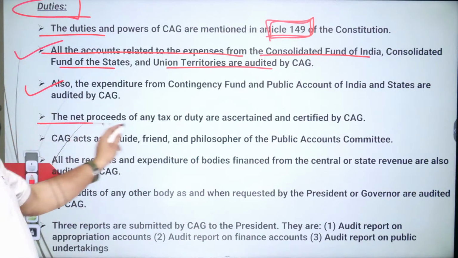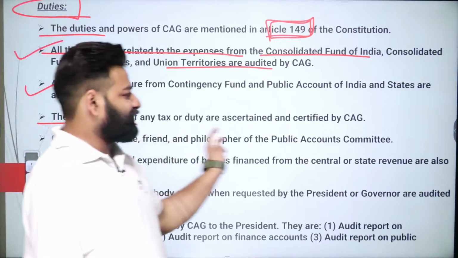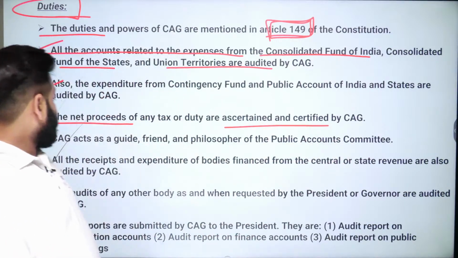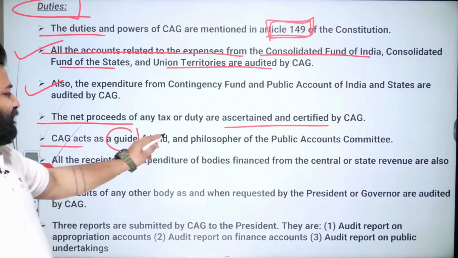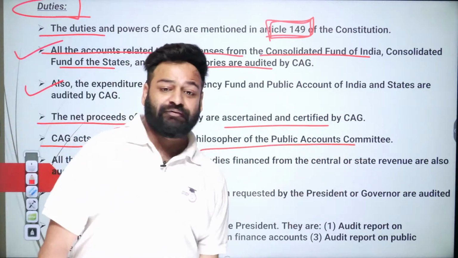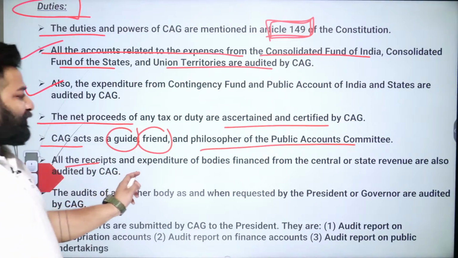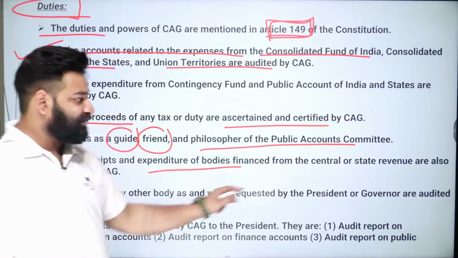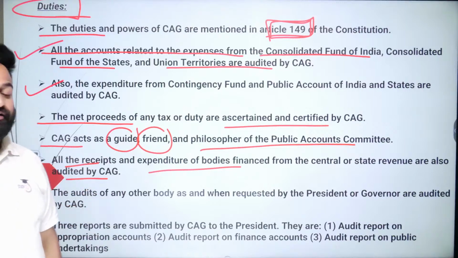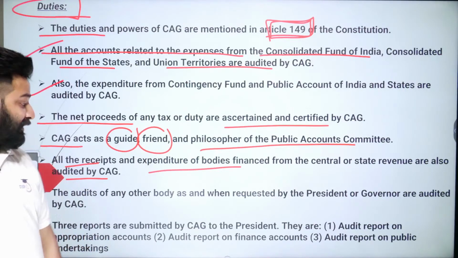The net proceeds of any tax or duty are ascertained and certified by the CAG. CAG acts as a guide, friend and philosopher to the Public Accounts Committee of the Parliament. All the receipts and expenditure of the bodies financed from the state government or central government are also taken into account by the CAG.